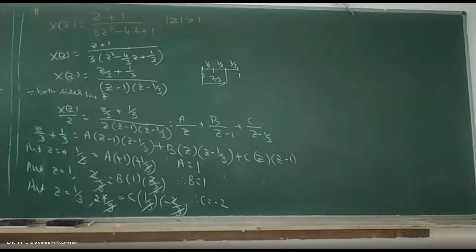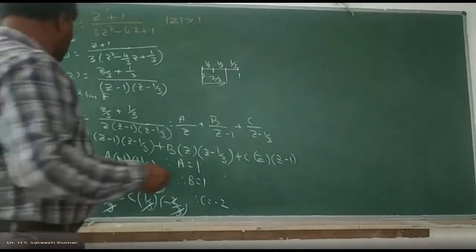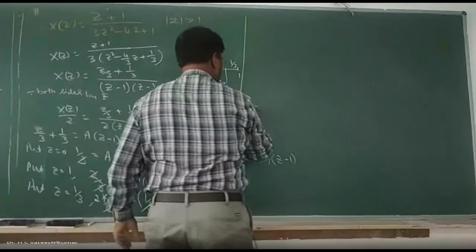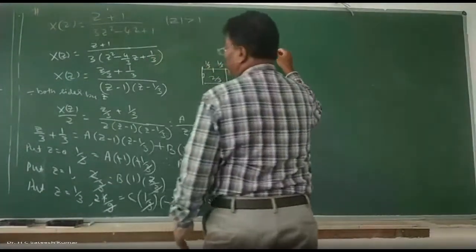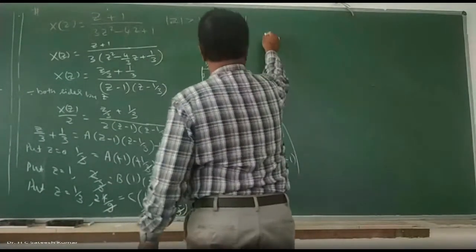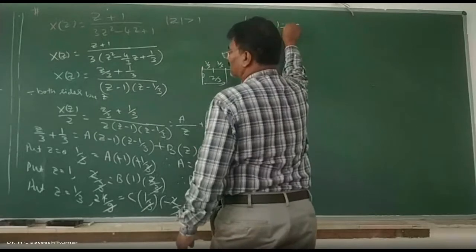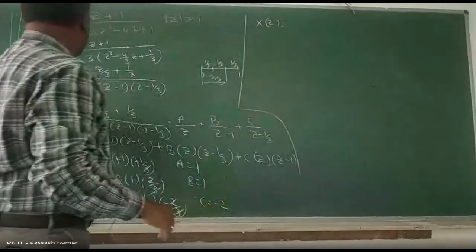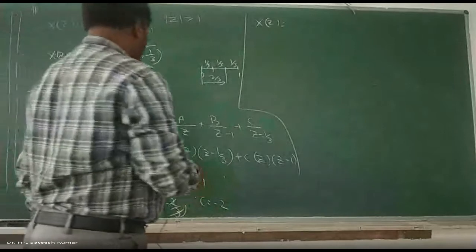Okay. So once you get this one, then we can go for substitution for the A, B, C and cross multiply the z. Okay, right. So X of z is equal to, cross multiply this z here, and A value is what? 1.